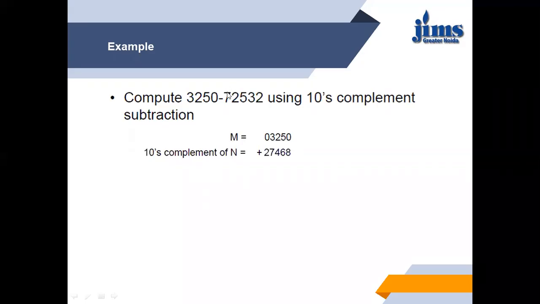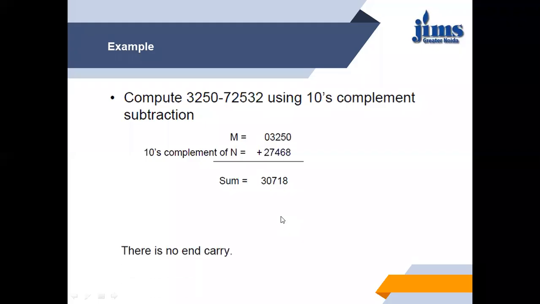So the nines complement is 27467, plus 1, then it comes to be 27468. So it is the tens complement of this number. Just add it, then the resultant will be 81703. There is no carry, and the reason for no carry is because n is greater than m.